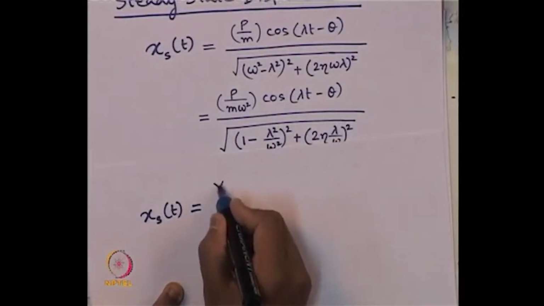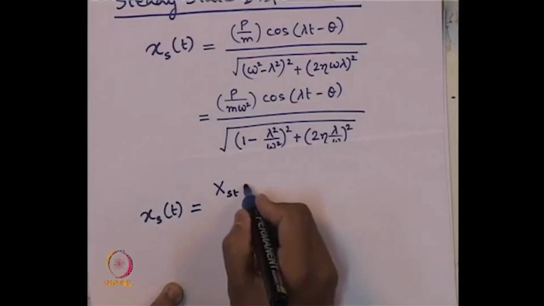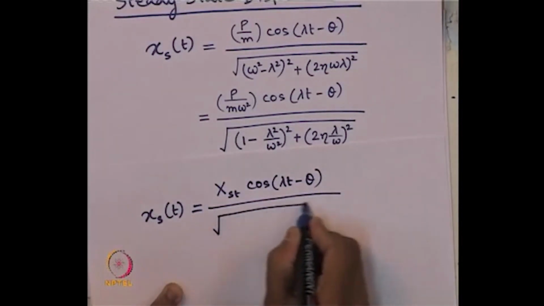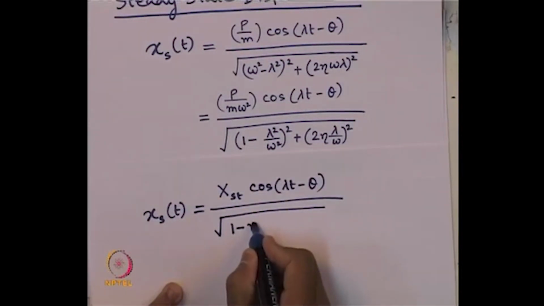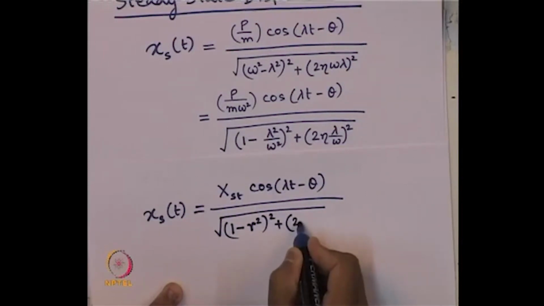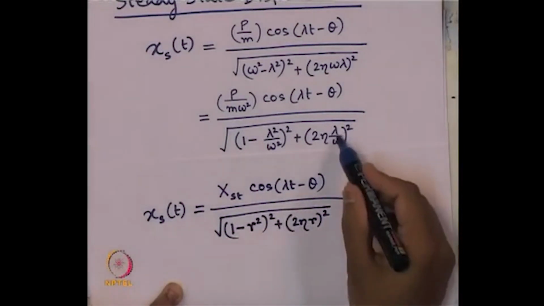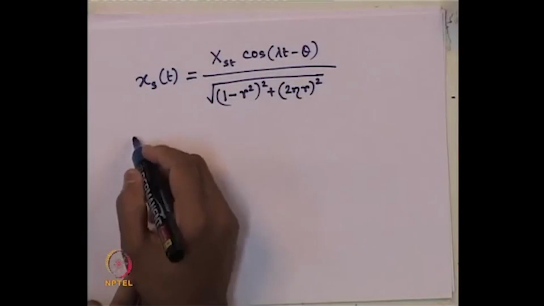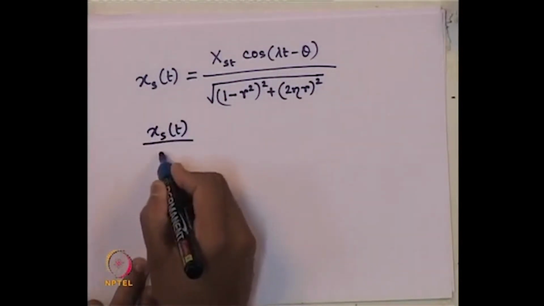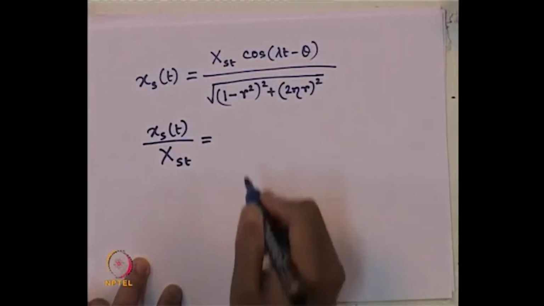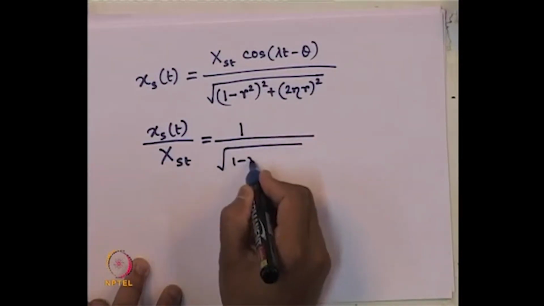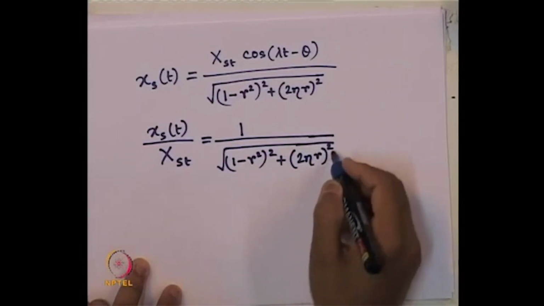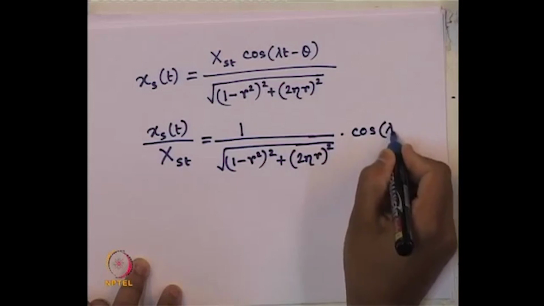This is nothing but the static displacement times cosine of lambda t minus theta by root over 1 minus r square whole square plus 2 eta r whole square, where r is the frequency ratio lambda by omega.